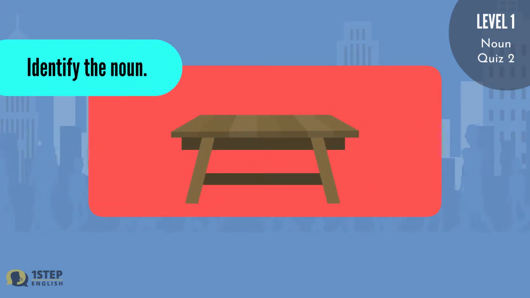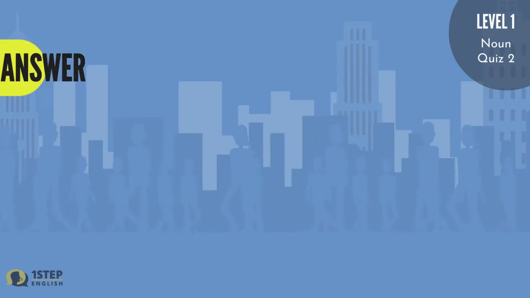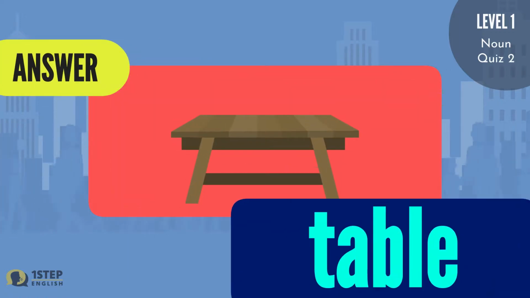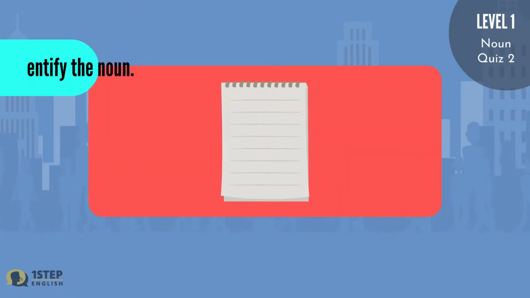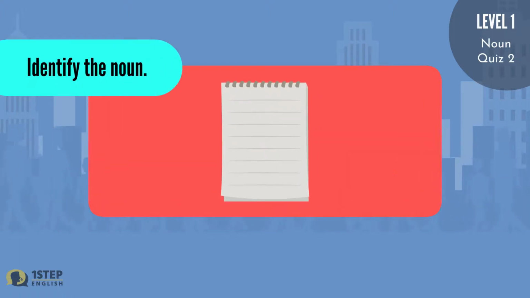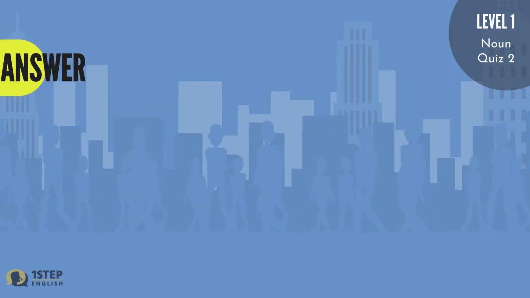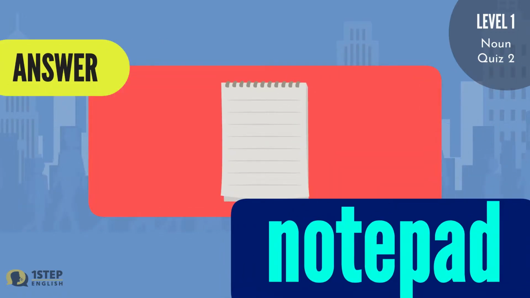What is this? The correct answer is table. What is this? The correct answer is notepad.